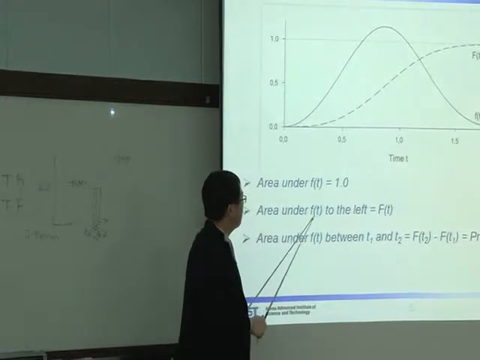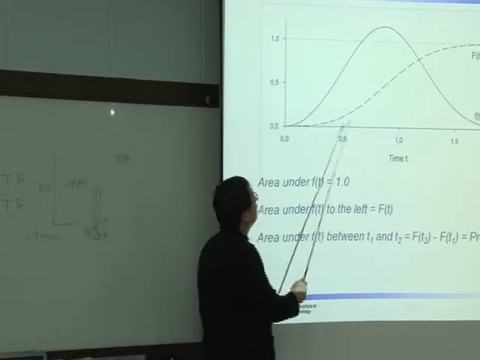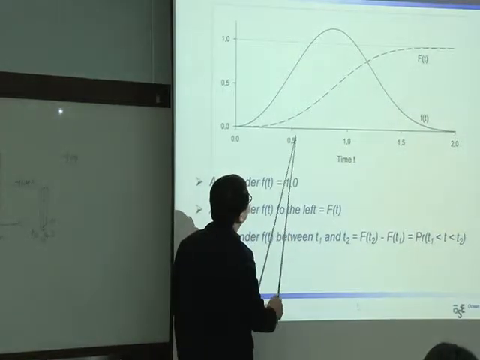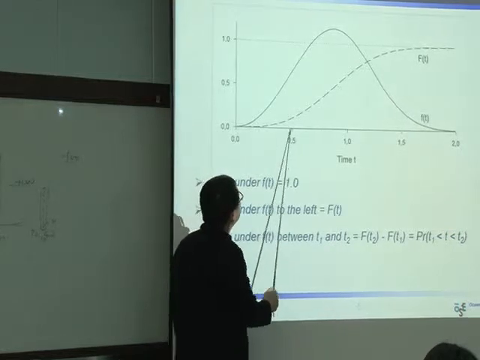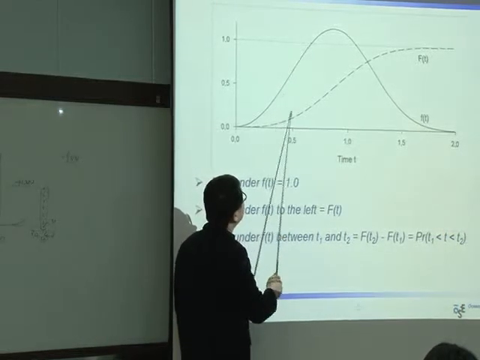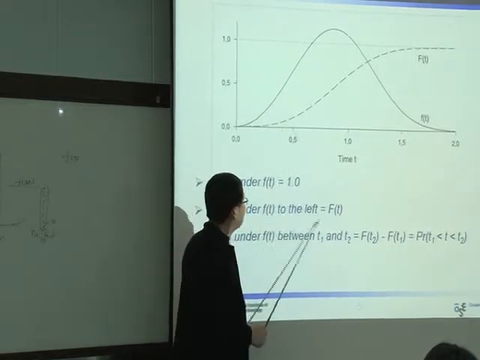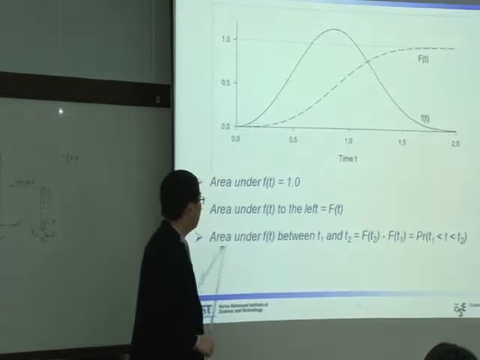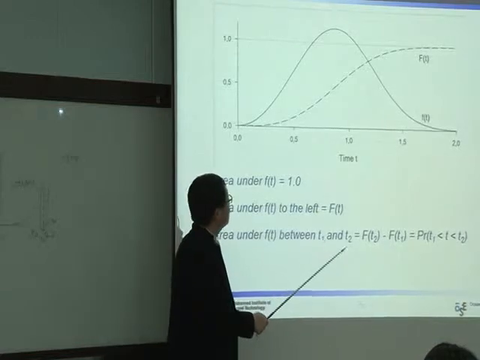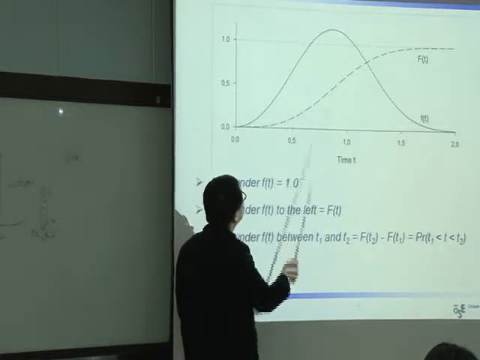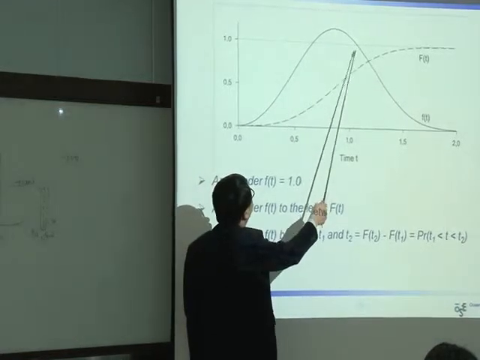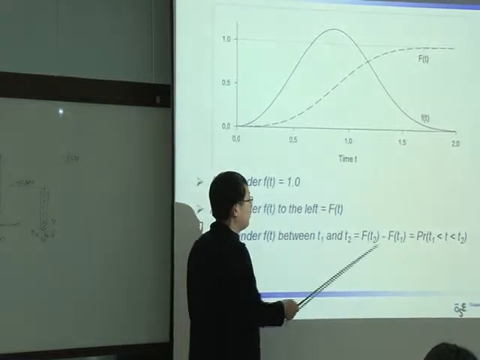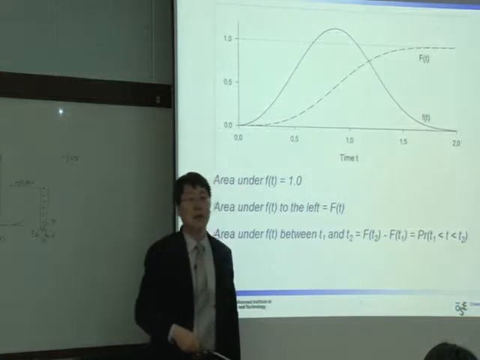The area under f(t) to the left here, for example at 0.5, is large F(t). The area under f(t) between T1 and T2 will be expressed by this equation.